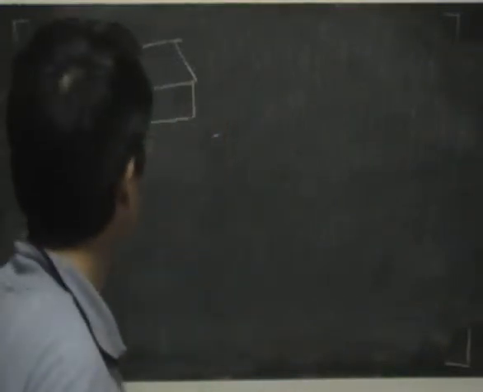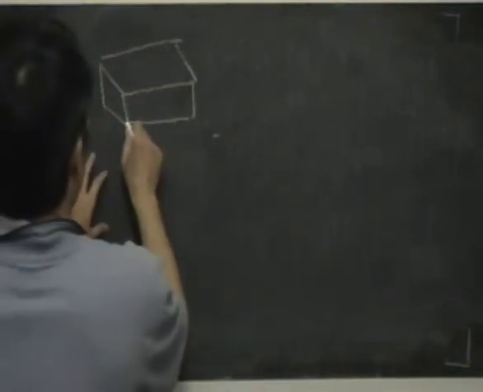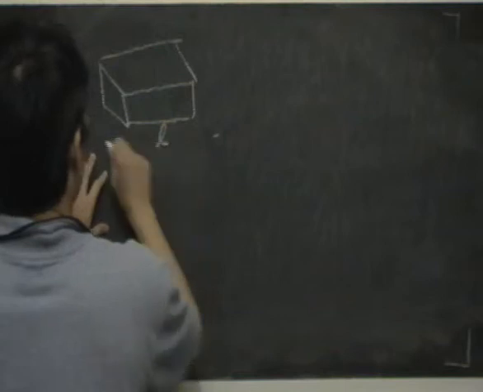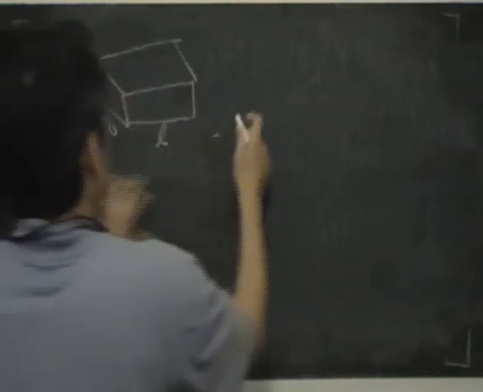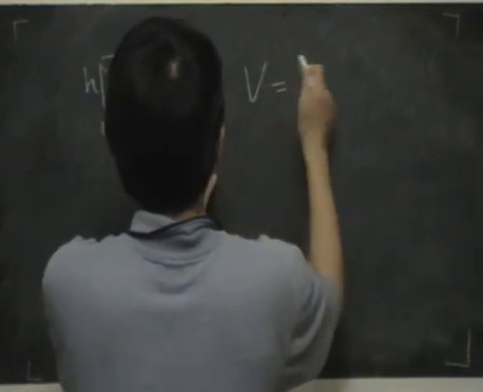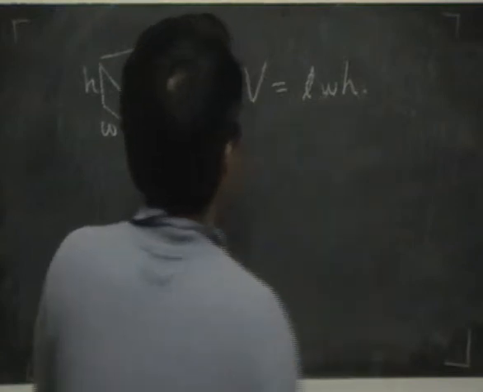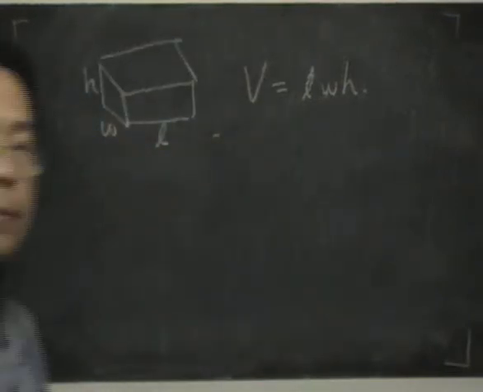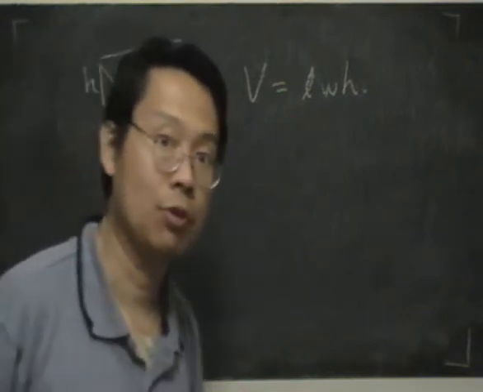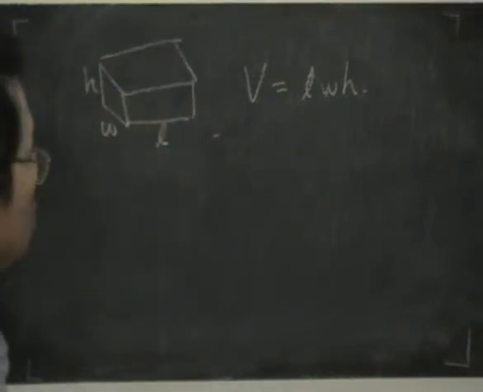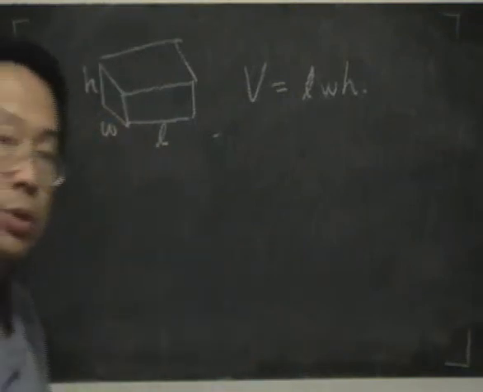It's like a three-dimensional rectangle, with length, width and height. So the volume of this is given by the length times the width times the height. It's the exact same formula that we used for a cube.